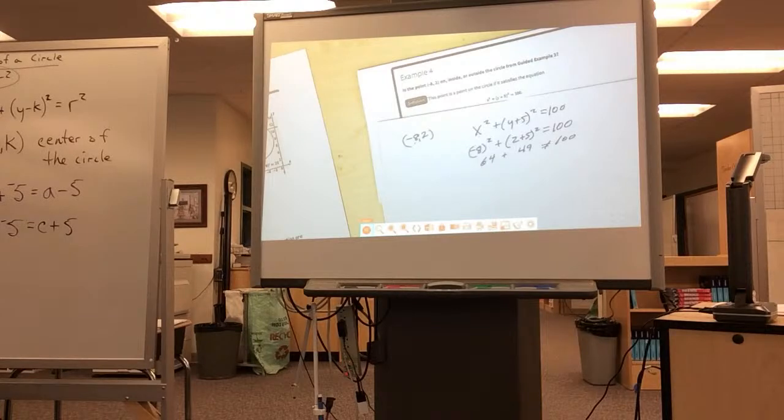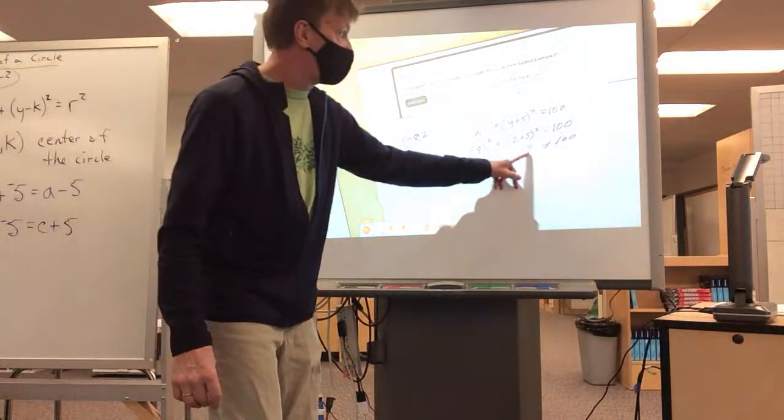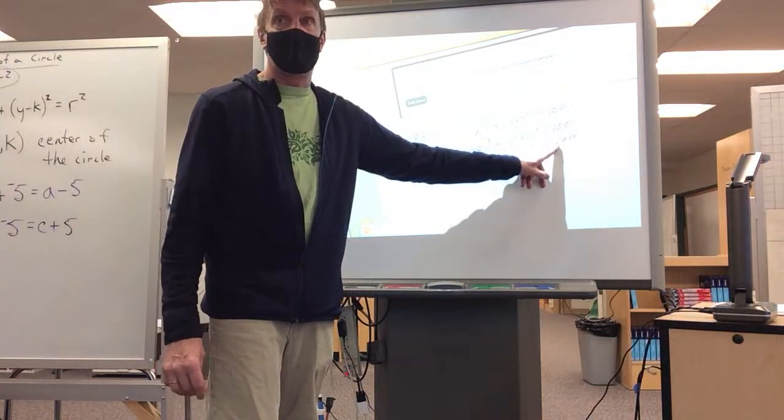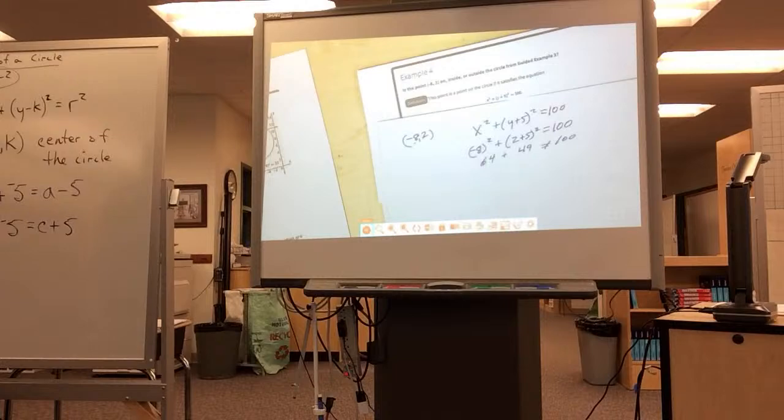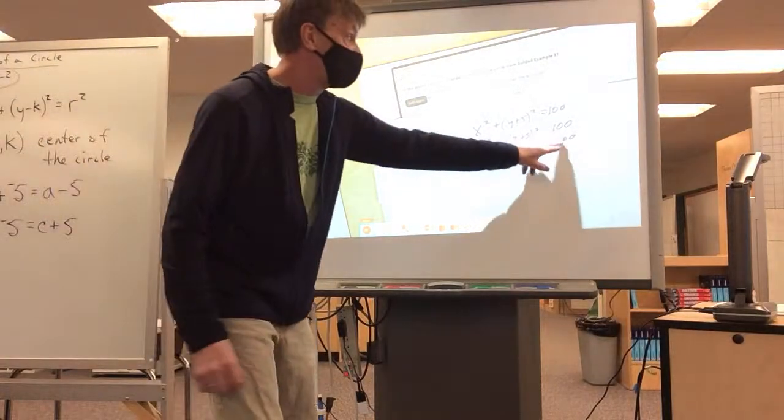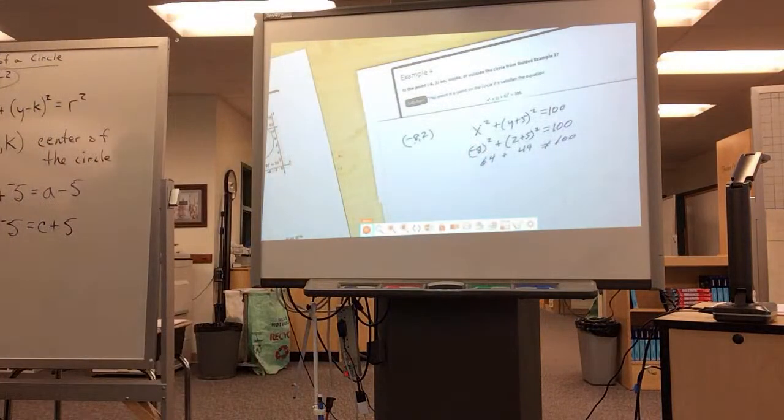In other words, it has a larger radius. So this calculation here is bigger than 100. That 100 comes from the radius squared. So in this case here, that radius is 10.